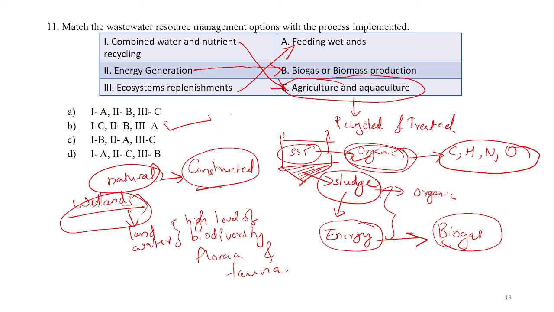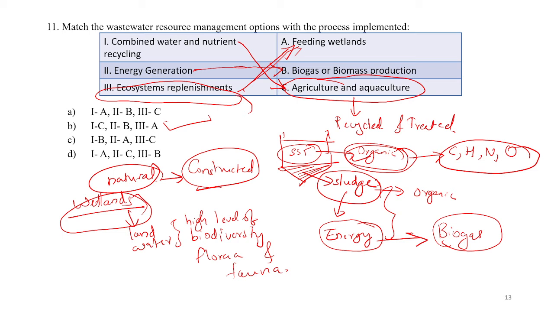Ecosystem replenishment is one of the major things happening in a wetland, because you have a lot of variety of flora and fauna in wetlands. If you are using this wetland system for treating wastewater, ecosystem replenishment can also happen. So this third option, ecosystem replenishment, is linked to feeding wetlands.